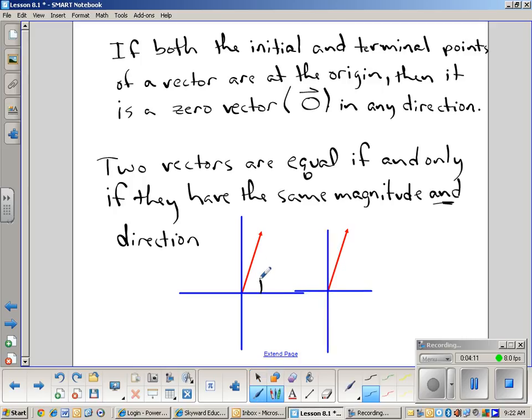This angle and this angle would be the same because they have the same direction. Okay? So those two vectors may not be exactly in the same place, but they're equal because they have the same length and the same direction, same magnitude, same direction. Okay?